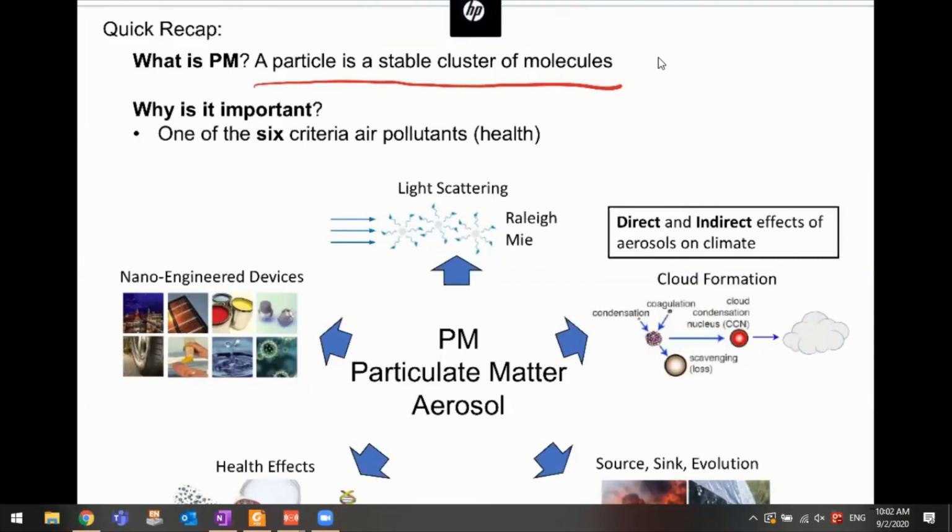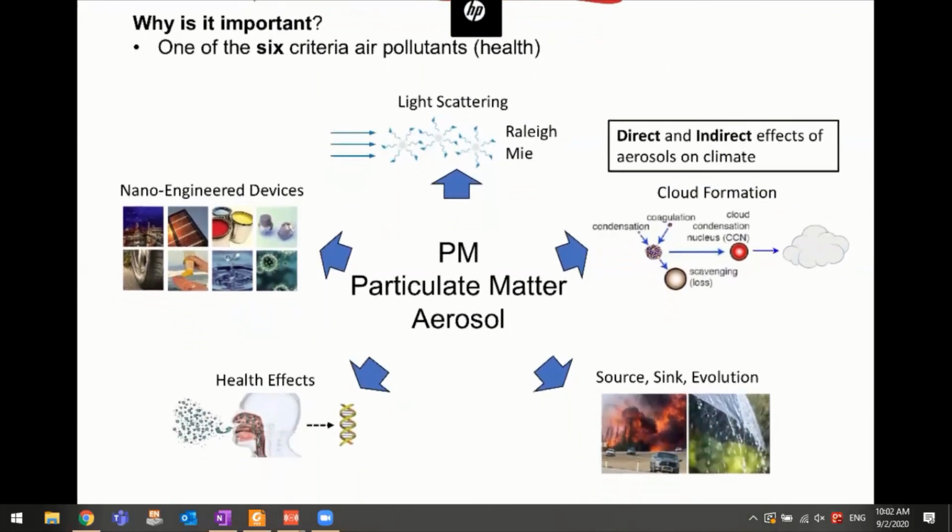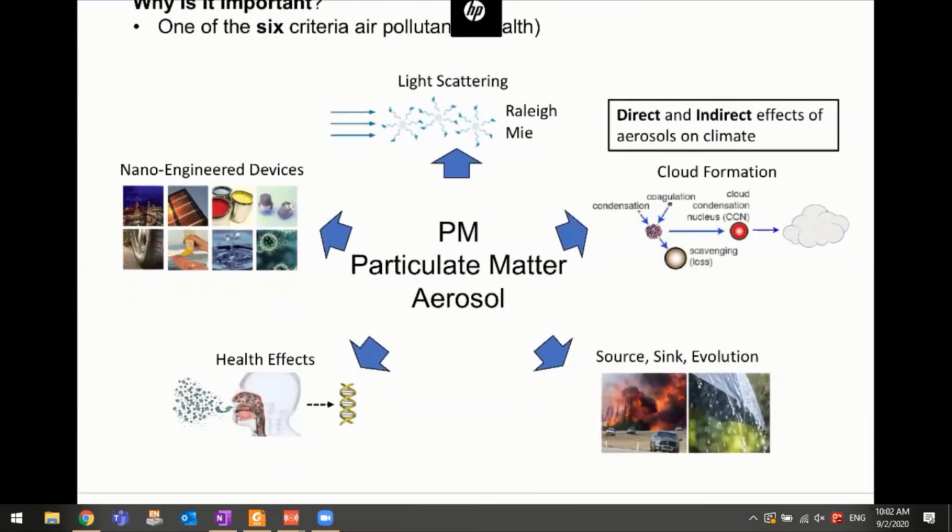All right. So why is it important? It is categorized as one of the 6 criteria air pollutants. And of course, when we define it as criteria air pollutants, we think it's bad for our human health, right? But it's also affecting all aspects of our daily life. For example, through light scattering, it affects the Earth's energy budget.